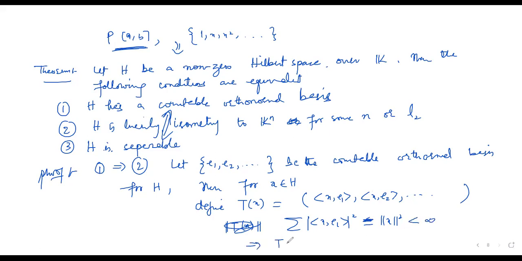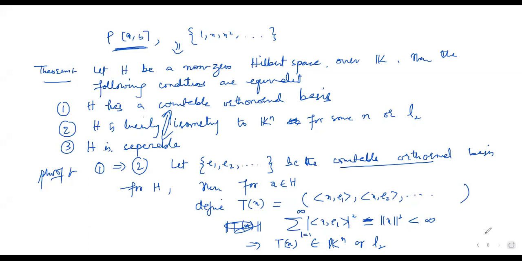Implies that Tx जो है वो belong करेगा, ये जो sequence है, it must belong to Kn or l2. Kn means अगर ये finitely many हुए, क्योंकि हमने कहा ये countable है, so it could also be finite. It must either belong to Kn or l2 depending upon whether this is finite or countably infinite. In case it is countably infinite, this series is still square summable, है ना? तो that means ये जो Tx है, ये जो vector है, so it is square summable.